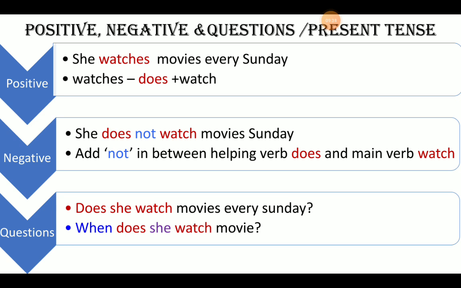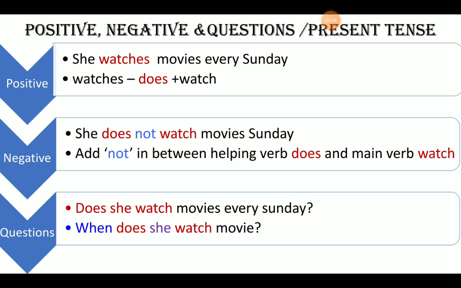And then next come questions. How to write questions. In the beginner level, we can practice only with yes or no questions, and then later on we can move to WH questions. Okay. For a yes or no question, it is very simple. The main verb we can split as does plus watch, right?